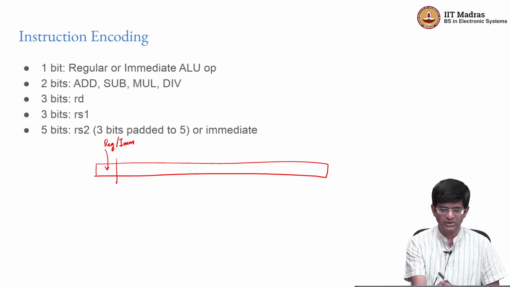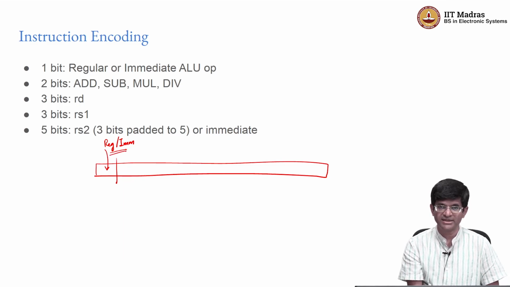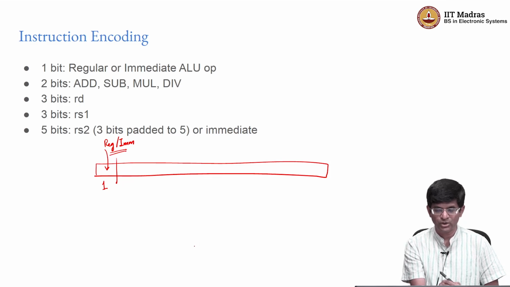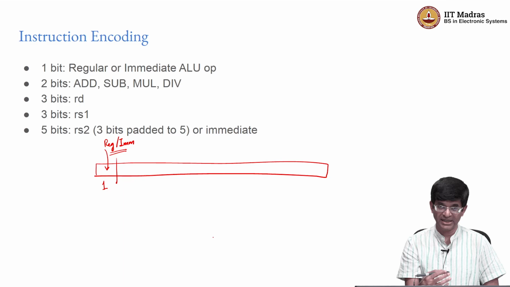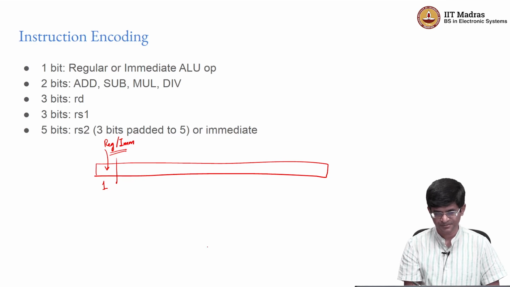So, given the fact that I only need to choose between register and immediate, maybe I could just decide to give 1 bit for this. Now, should that 1 bit be at the beginning of the instruction or the end of the instruction or somewhere in the middle of the instruction? That is part of the encoding process, and there is no fundamental reason why one or the other approach is better, although there may be some ways of arranging things that make a large class of instructions easier to decode.